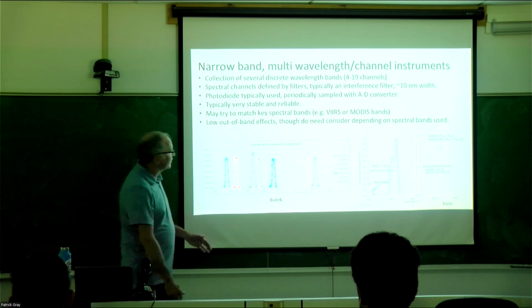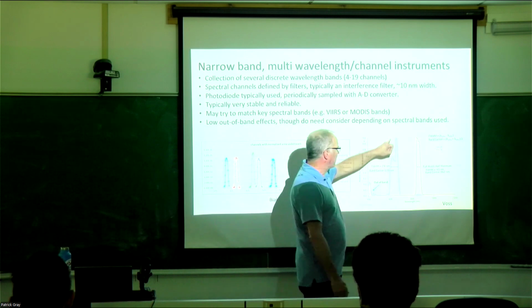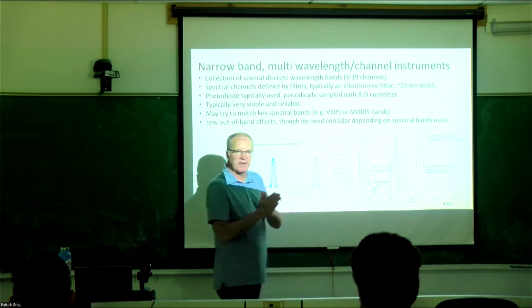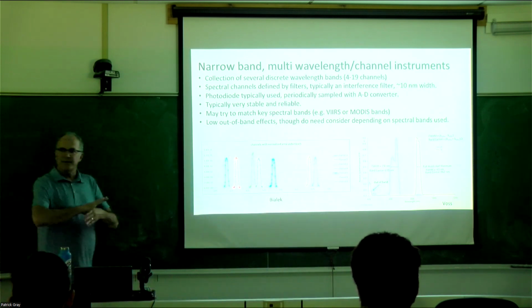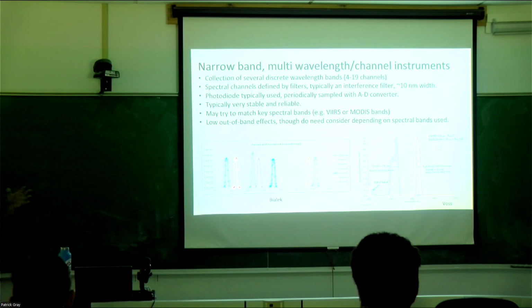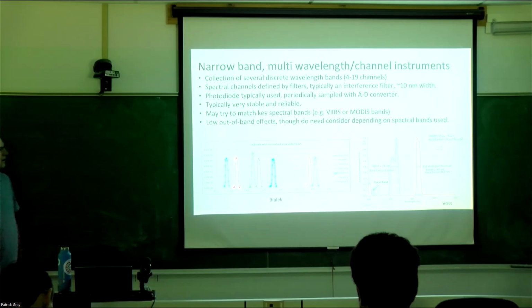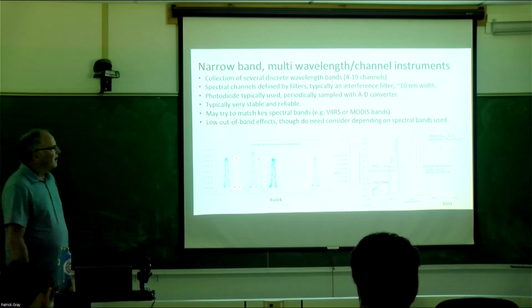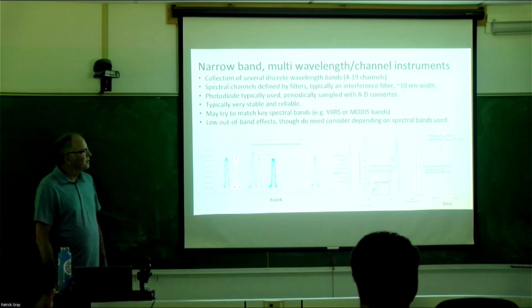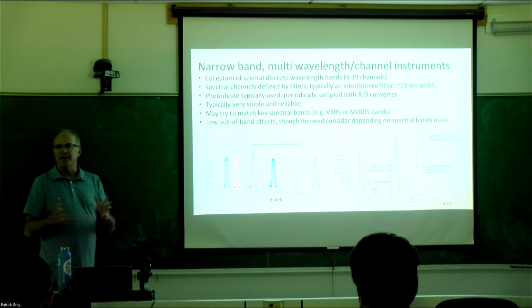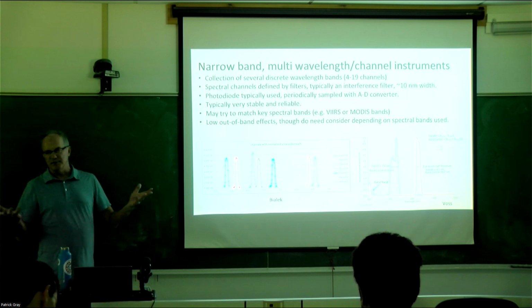You have to be careful though, because you have to look at some out-of-band response, where you're letting in light from different parts of the spectrum that you don't want to measure from what the filter set is. These types of sensors typically have pretty low out-of-band effects, but they really do depend on the filter set you're using.